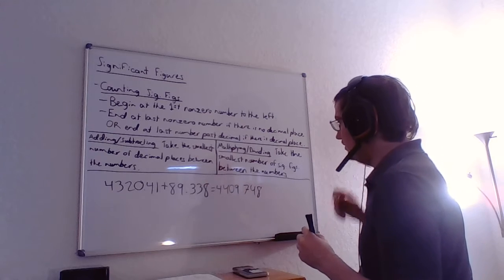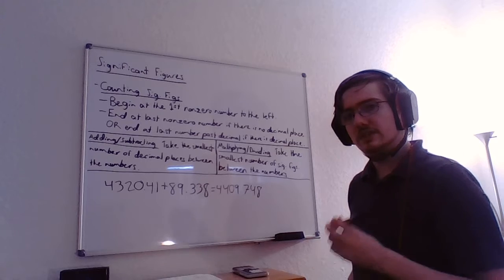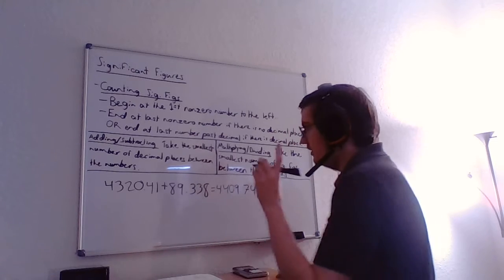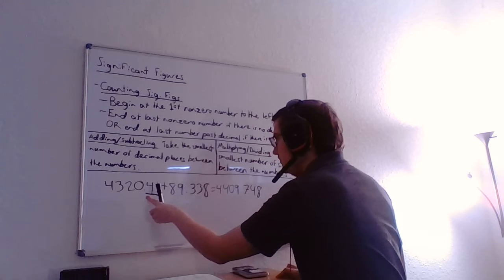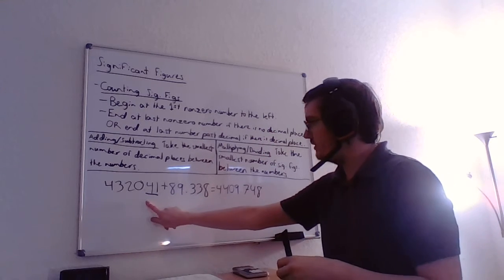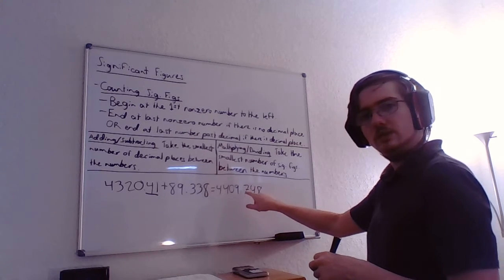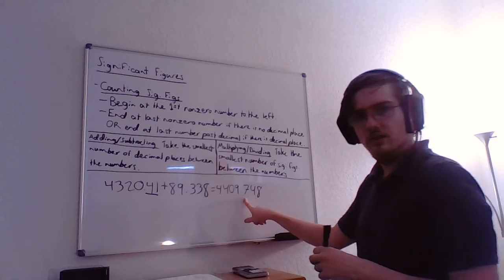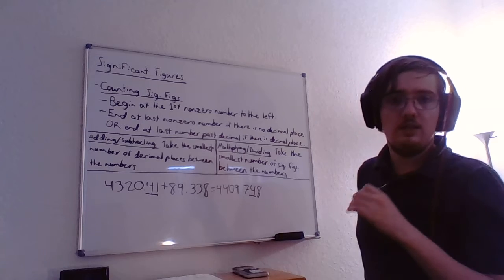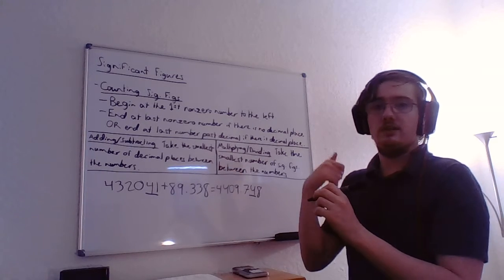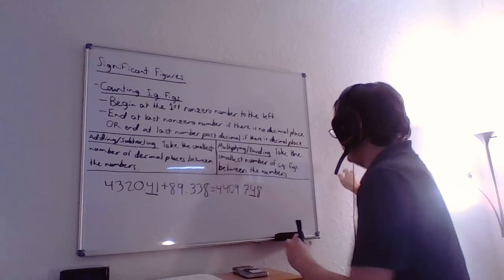But we realize that between these two numbers, the smallest number of decimal places is 2, right? This is 3 decimal places, that's 2 decimal places. So that means we're only going to keep 2 decimal places here. So we're going to stop at that 4 right there. Because there's an 8 after it, that means that 4 rounds up to a 5.